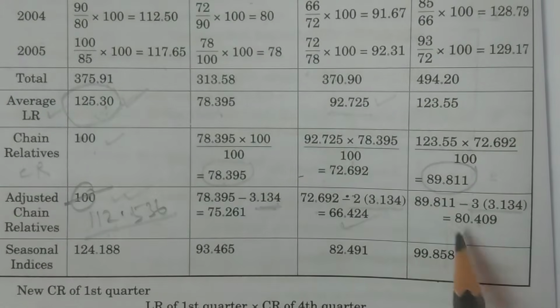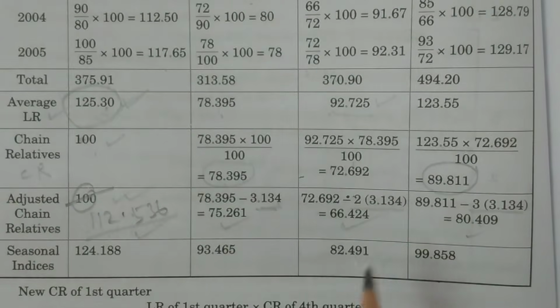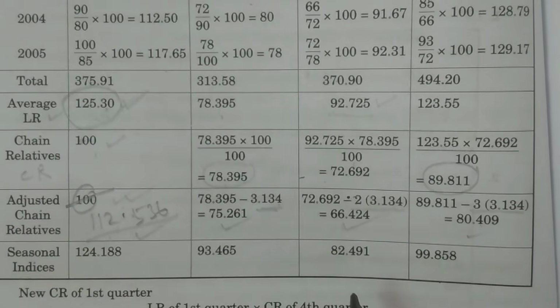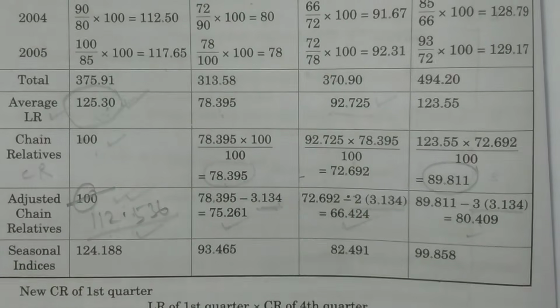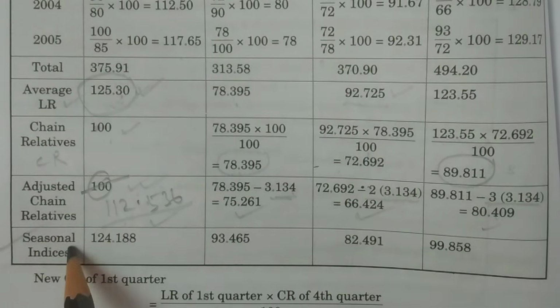You will get the respective values, which are the adjusted chain relatives. And now, at the end, the last column, you have to calculate the seasonal index numbers.